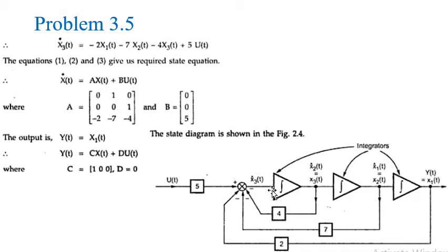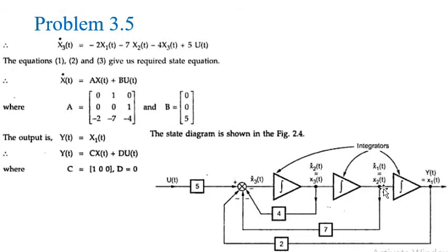Let's take the output of the first integrator as x3, which will also be equal to x2 dot. So you can write x3 is equal to x2 dot. If you are integrating it, you will be getting x2. x2 is actually equal to x1 dot, so you can substitute it here.